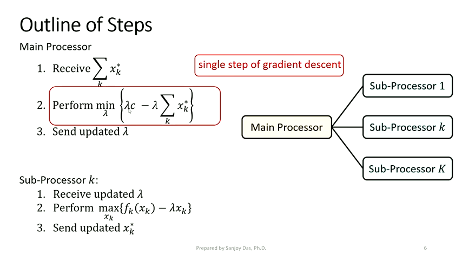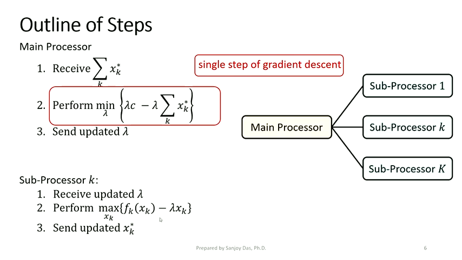Lambda should not change dramatically, because then it will throw off the subprocessors. In one iteration, each subprocessor had an xk star. If lambda jumps dramatically, then they'll have to start this maximization all over again from scratch.